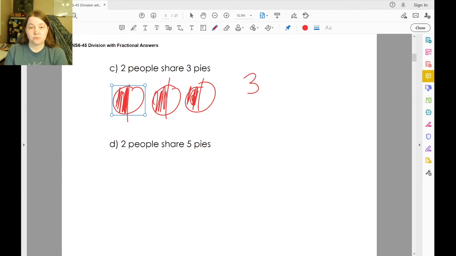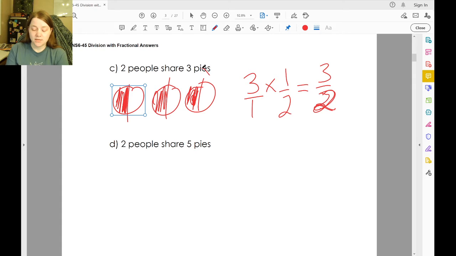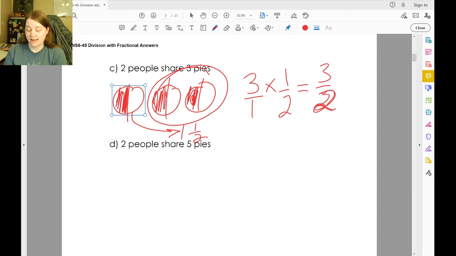So that's 3 pies, and I'm getting half of each. So that would be 3 over 1 times 1/2, or 3 over 2. I don't know what happened to that number. These 2 pies together make 1 whole, and I also have this half, which puts me at 1 1/2.